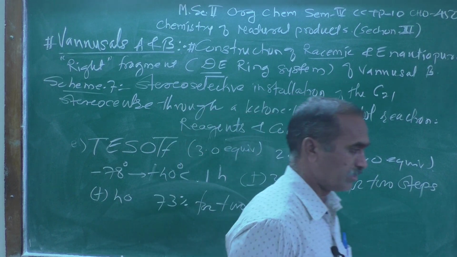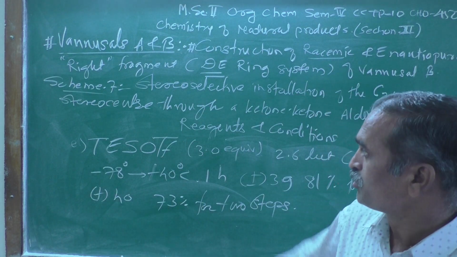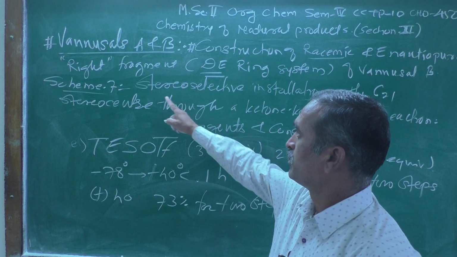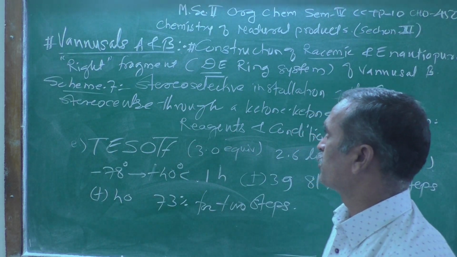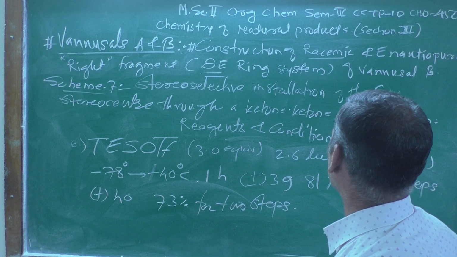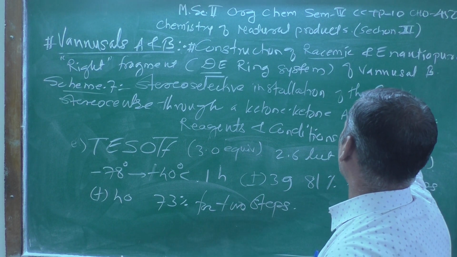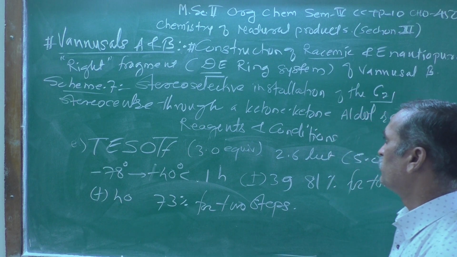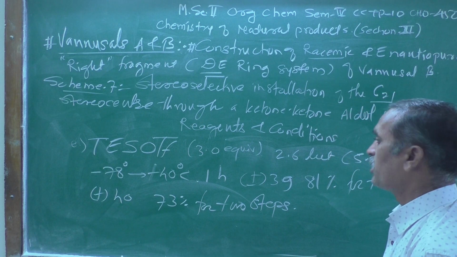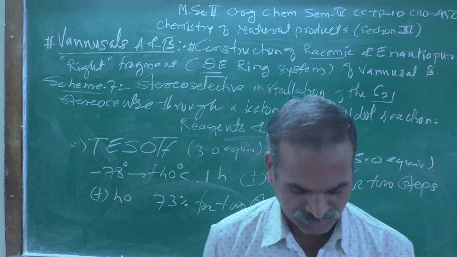And these are the reagents which were used during scheme number 7, which is stereoselective installation of the C21 stereocenter through a ketone-ketone aldol reaction.